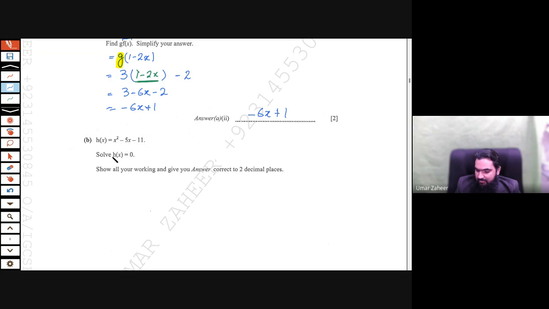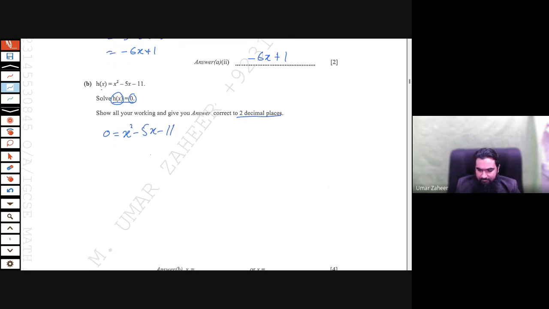We have to find x when h of x is equal to 0. So just look at here, at the place of h of x, we will substitute 0, so 0 is equal to x square minus 5x minus 11. Now it's a quadratic equation. You have different options. You can use the quadratic formula or completing the square. Obviously with decimals it is not factorizable, so let's use the quadratic formula.